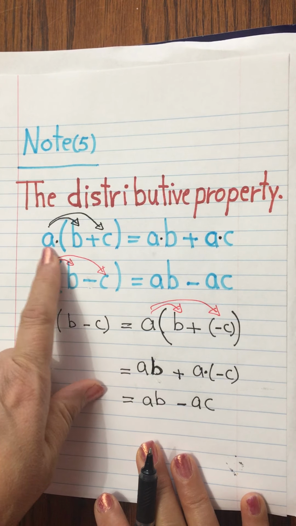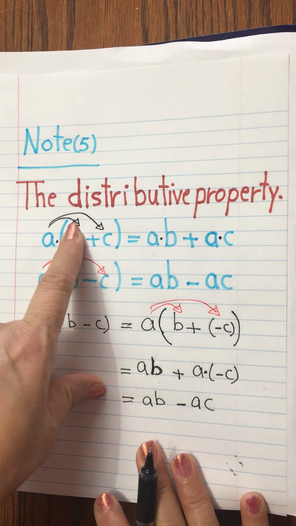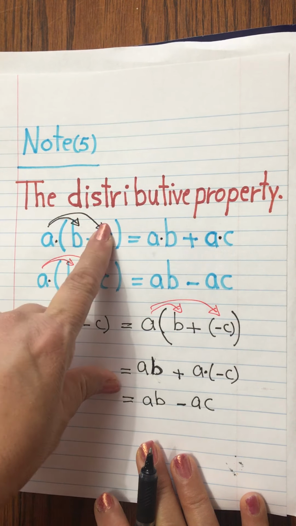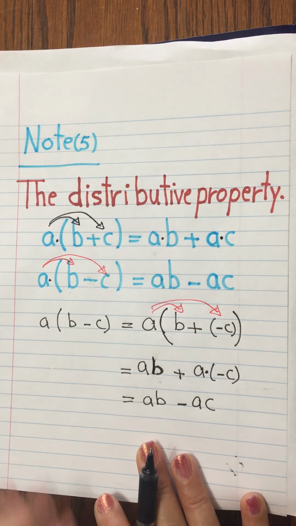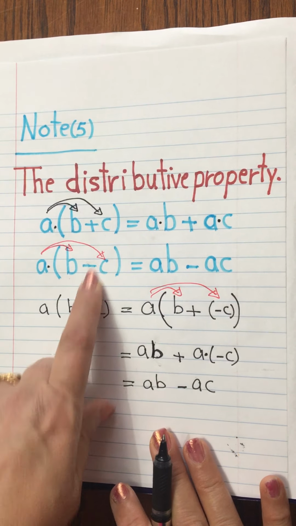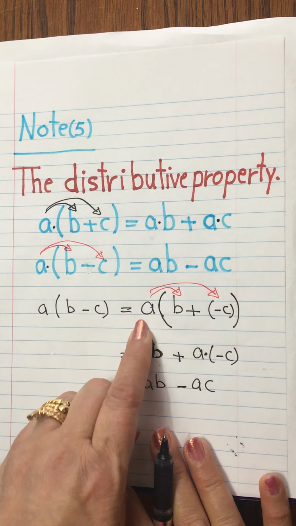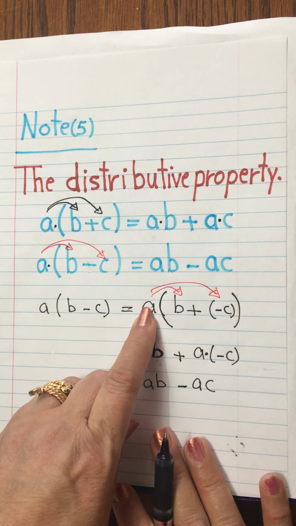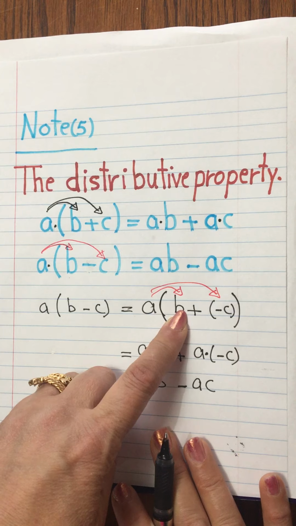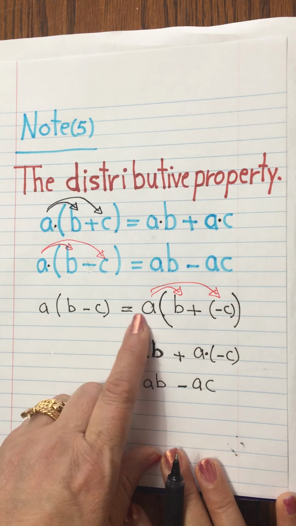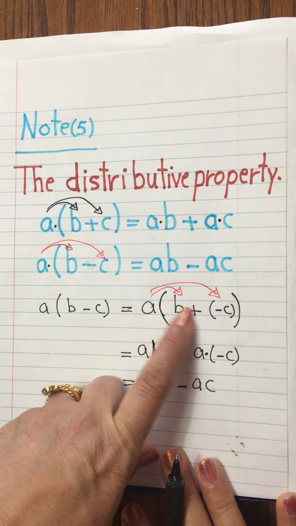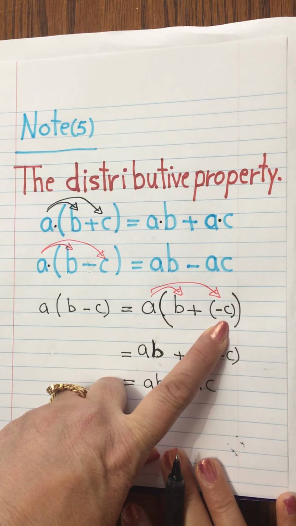For the first one, I'm gonna multiply a times b first plus, and then a times c. And for the second one, I'm gonna change the negative to a positive first, and then distribute a and multiply it by b and by the second term. Because right here I have 2 terms. This is the first and this is the second term.